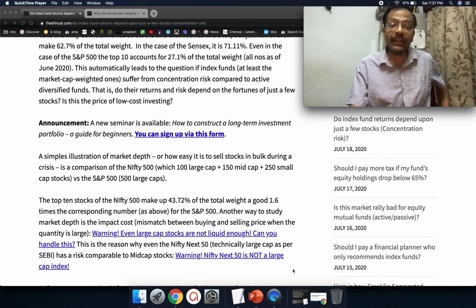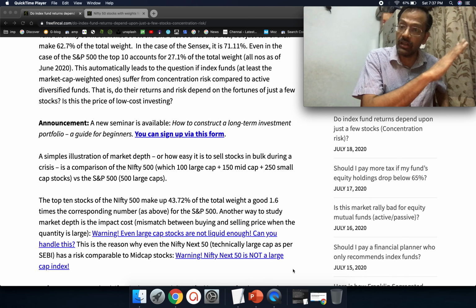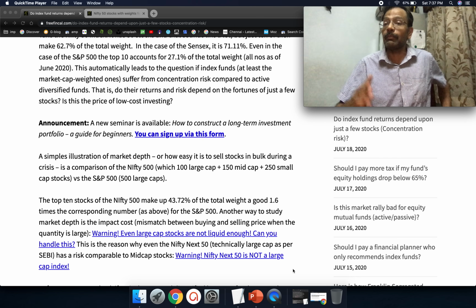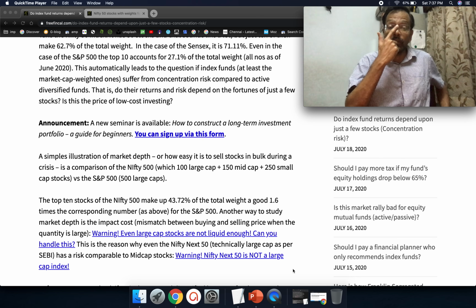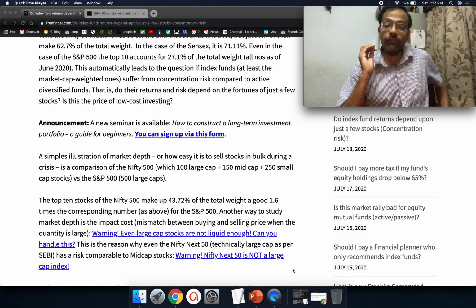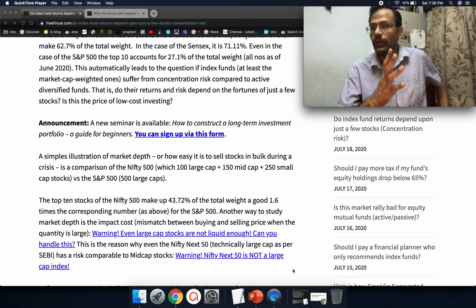If you take Nifty 500, Nifty 500 is not the same as S&P 500. Please recognize S&P 500 is 500 large caps. Nifty 500 is 100 large cap plus 150 mid cap plus 250 small cap. So in the case of Nifty 500, just 10 stocks make up 43.72% of the total weight of the Nifty.